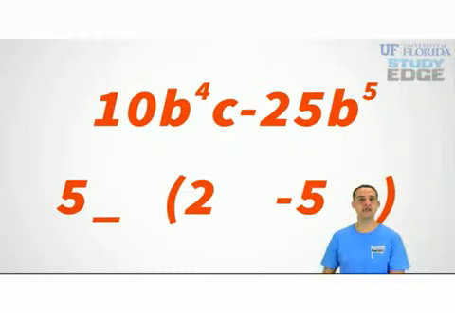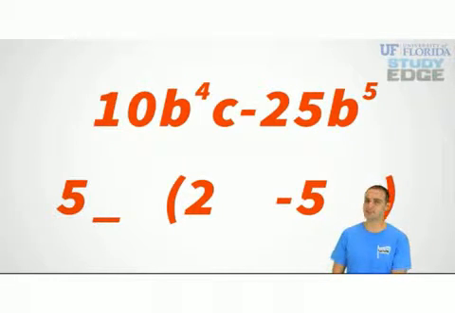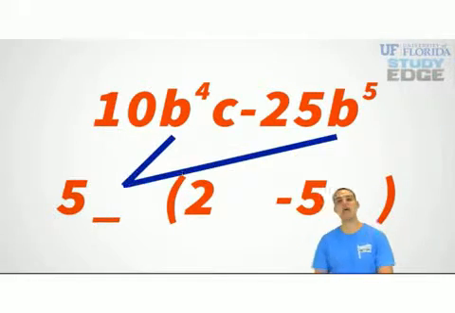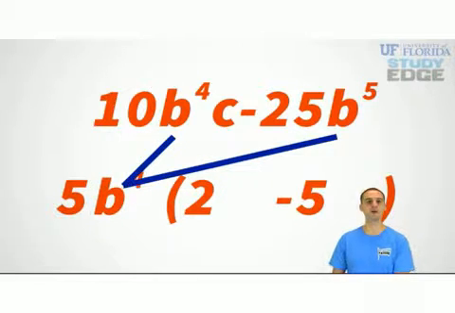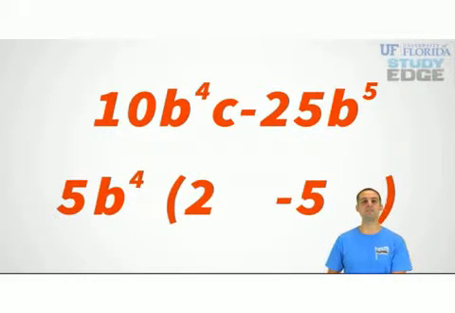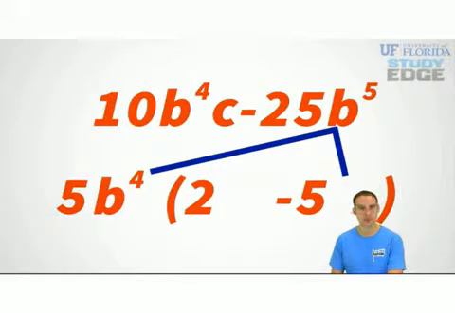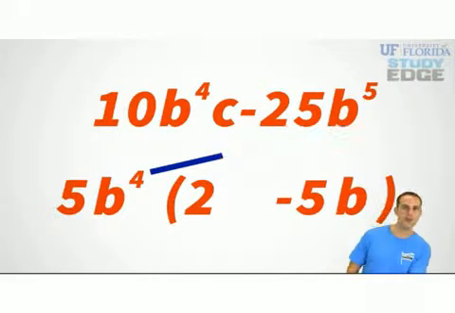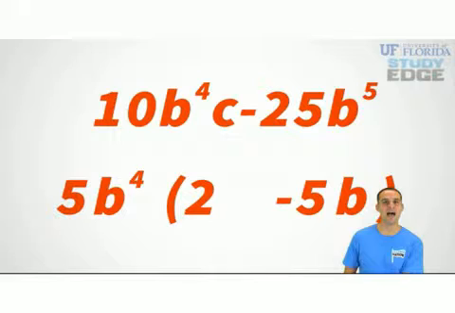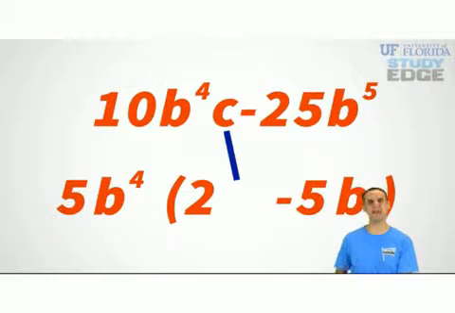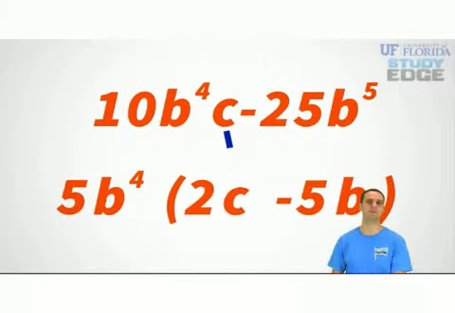Then you do the same thing with the b's. I see a 4 and a 5. I can take out a 4th power, because that's the smaller of the 2. That means there's nothing left with the first term, but with the second term, there's 1 left. And then lastly, the c, just hanging out by itself, so you just drop it down.